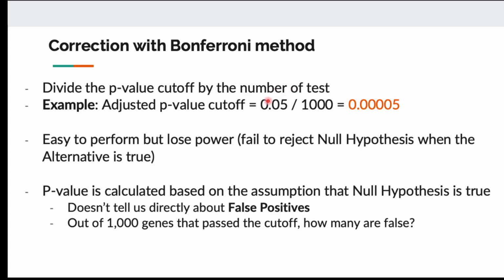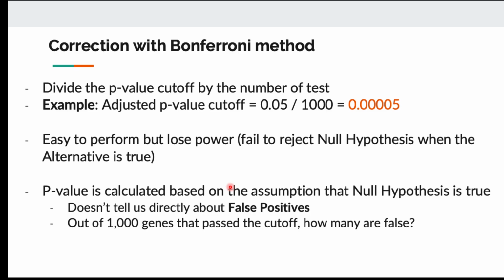If we want a cutoff of 0.05 and we have 1,000 genes, we adjust our cutoff by 1,000-fold to get 0.00005. This is very easy, but in theory it is the method with the least power, meaning you're more likely to fail to reject the null hypothesis, so fewer genes pass the threshold.